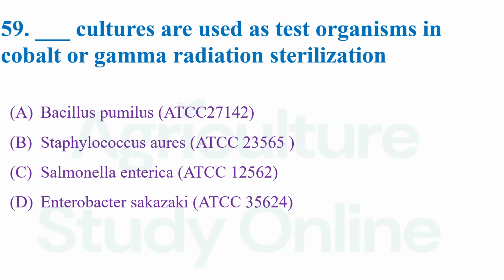Basically, it forms resistant spores and it even shows high resistance to ionizing radiation. So correct option is option number A. Whereas Staphylococcus aureus is not highly radiation resistant. Salmonella is too sensitive to radiation. And Enterobacter is not used as a radiation indicator. Correct option should be option number A.